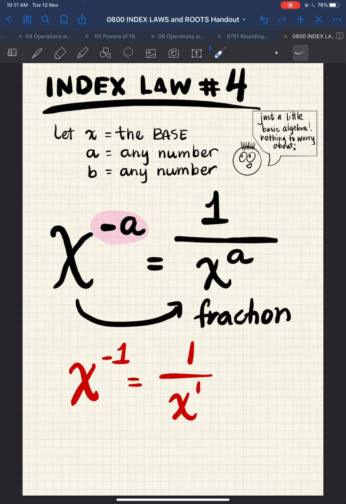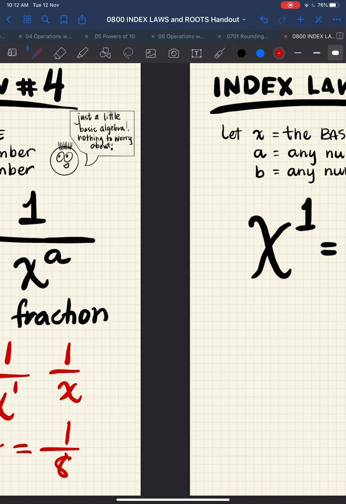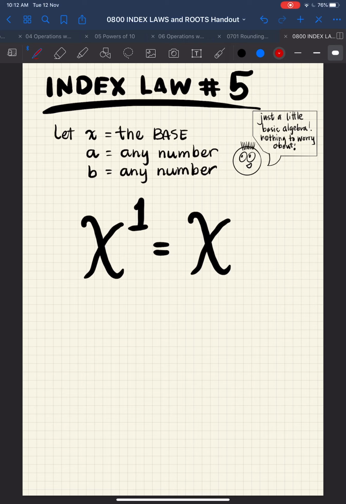That is why this will end up being 1 over x. So 8 to the negative 1 power would be 1 over 8 to the first power, which would be 1/8. Which brings us to index law number 5.